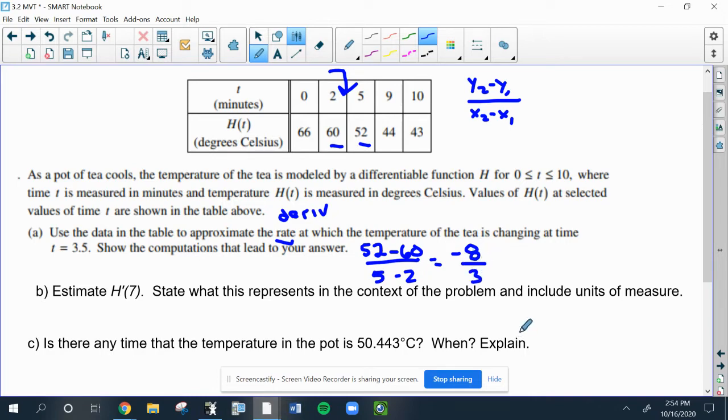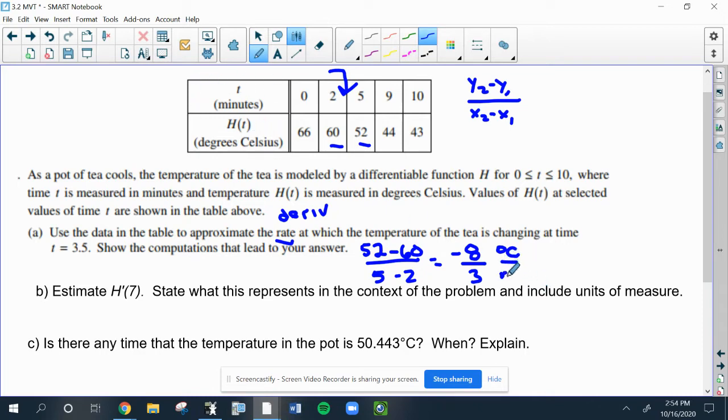So a couple things about that. That is a negative rate. That makes sense because the temperature is decreasing. We learned that already. And also the units. The units up top would be the units of h, degrees Celsius, over the units on the bottom, the t's, minutes.